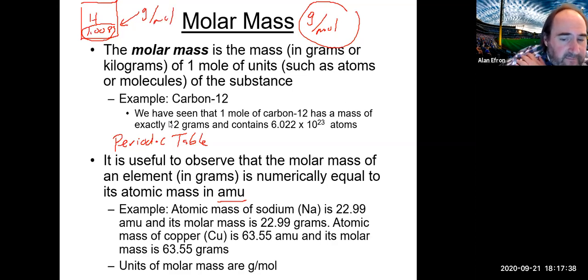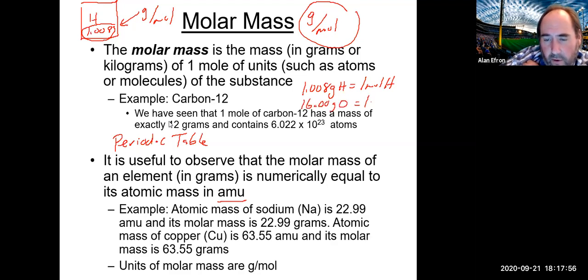What that means is if I wanted the molar mass of hydrogen, it would be that there are 1.008 grams of hydrogen in 1 mole of hydrogen. If I wanted the molar mass of oxygen, there would be 16 grams of oxygen per 1 mole of oxygen.